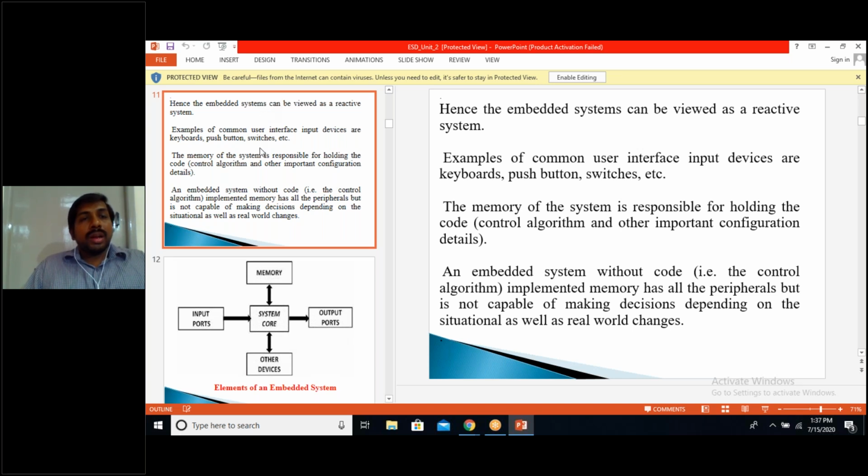All may not be real-time, because like our electronic toys, we require output, but it may not be specific, it may not be deterministic. If the toy is operating, it is okay. If there is a delay also, we will accept. But in missile systems and some other industrial applications, medical applications, we will not accept any delay.